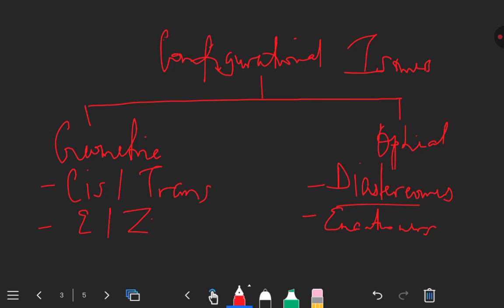So let's look at what these two terms mean.